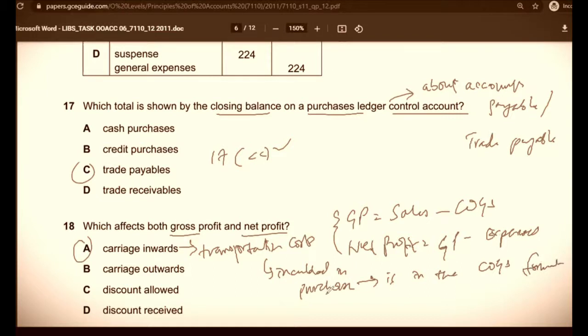So carriage inwards would be included into the total purchases cost. Total purchases cost would affect the cost of goods sold. Cost of goods sold in return would affect the gross profit, and the gross profit in return would affect the net profit as well. Therefore, the correct answer to multiple choice 18 would be option A.